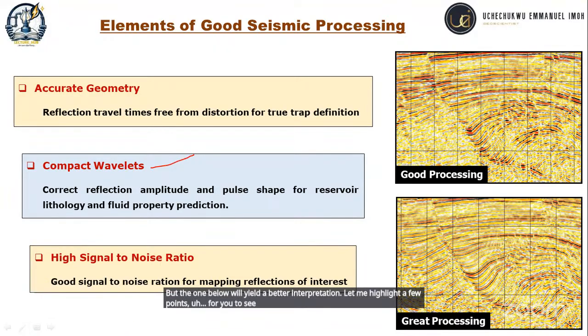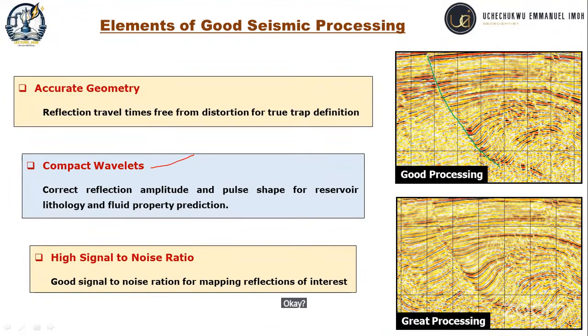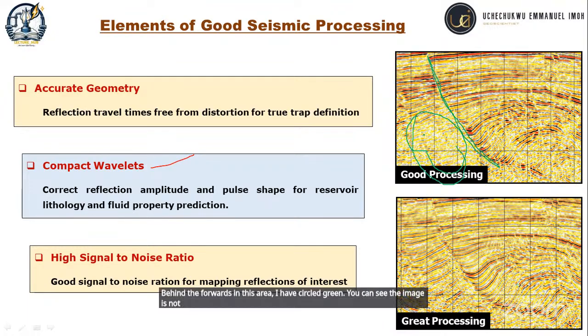If you look at the one above, which is good processing, you cannot see the faults clearly. I'm trying to map the faults with a green pen. You can see a green marker. This is a fault line, a major growth fault, right? Behind the fault in this area, I have circled green. You can see the image is not very clear around there.